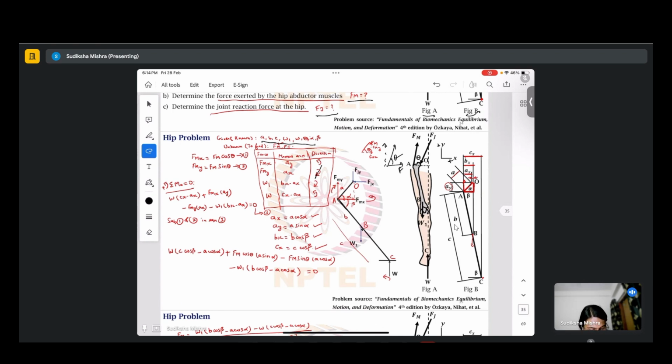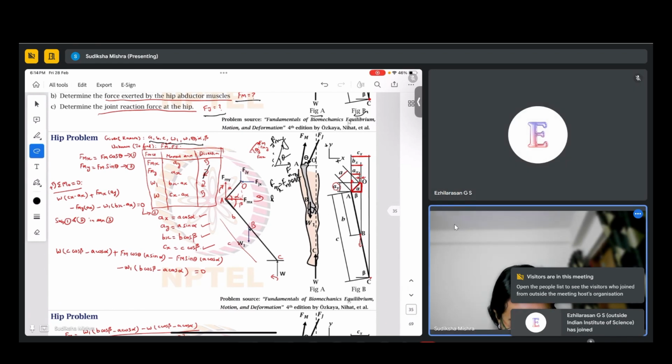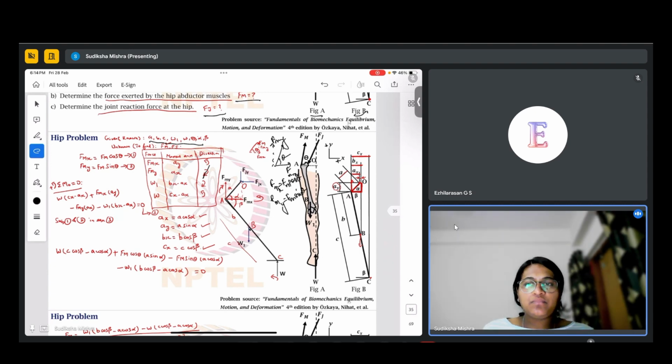It can be split into Fmx and Fmy. Fmx is Fm cos theta. Fmy is Fm sin theta. Both of these are in positive directions, but we'll come to that when we look at the actual equations.